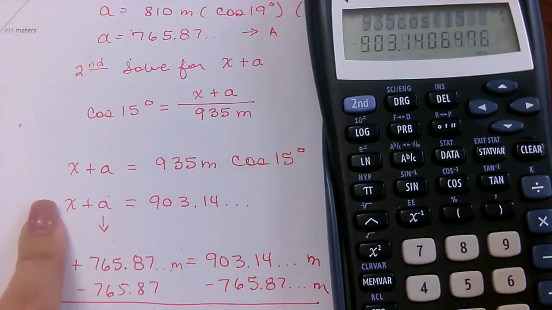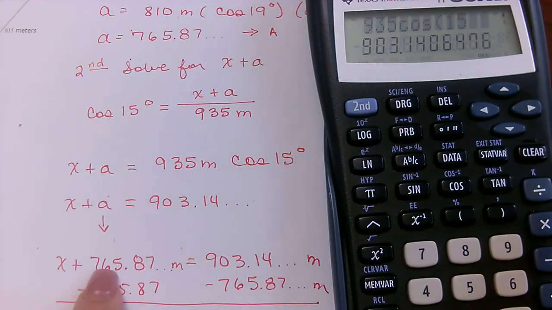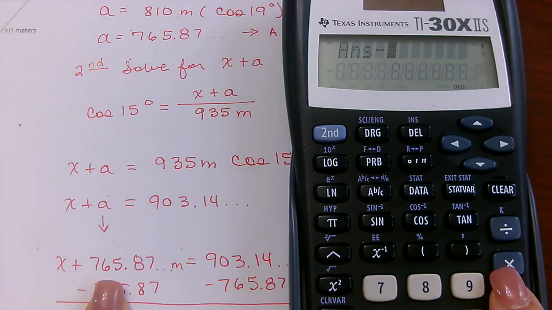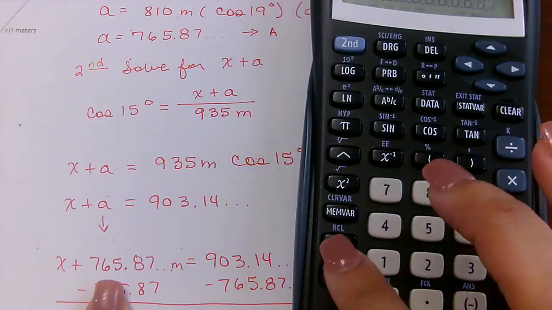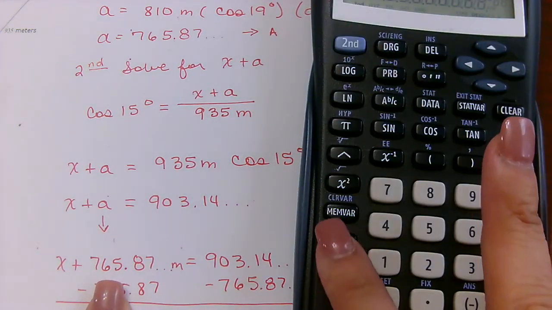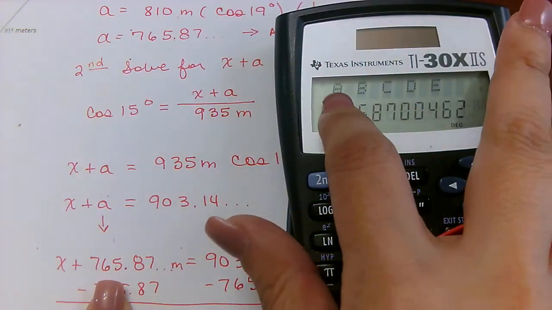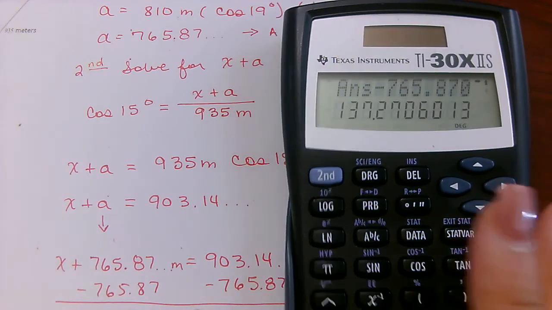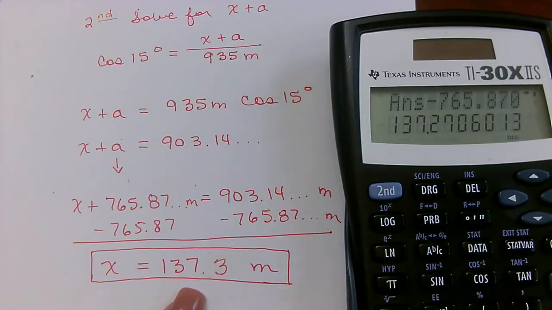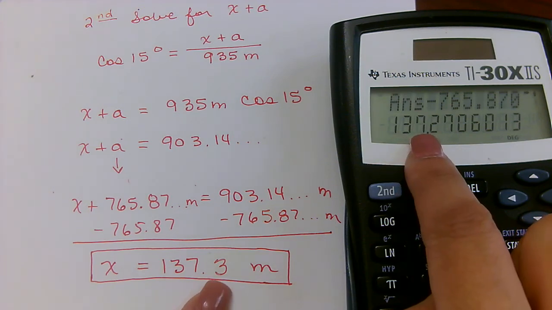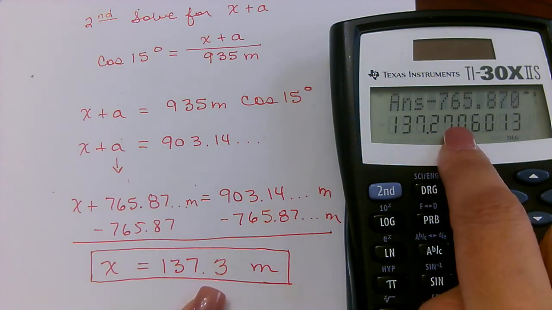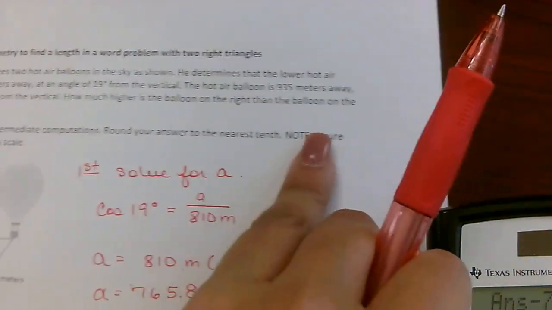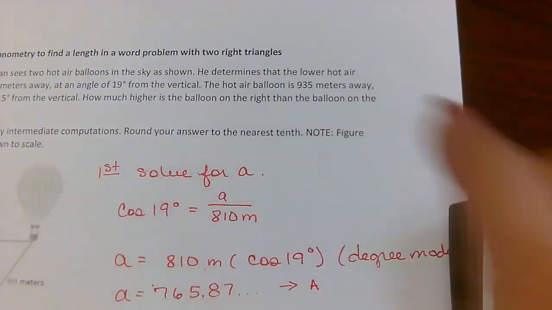In order to solve for x, I'm going to subtract whatever is in my a. So from here, I can go minus, and I'm going to recall. Now, recall will be second store, and then I'm going to recall the variable that I originally put in a, and then I'm going to get x is equal to 137.3. The 7 rounds to the 2 going up, and we were trying to find to the nearest tenth.